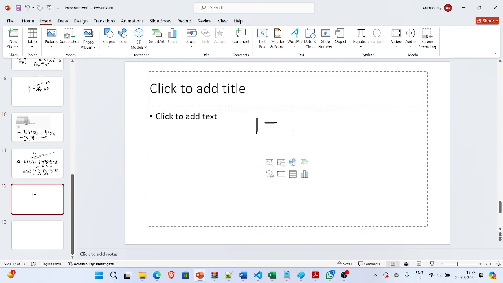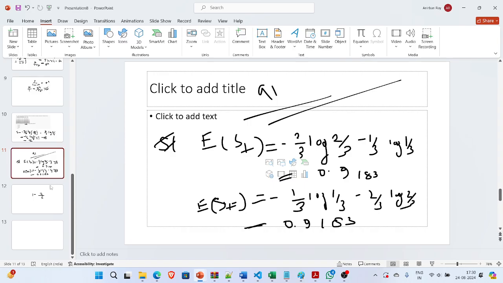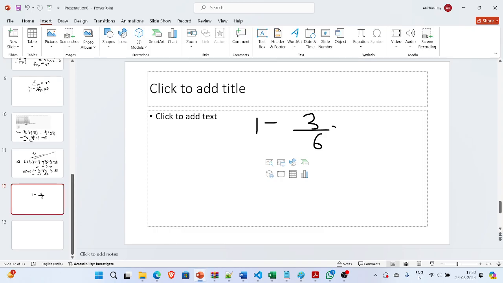The total number of true false values is 6, but out of that 3 is true. So for entropy 1, minus 3 by 6 times 0.9183, minus 3 by 6 times 0.9183. So this comes out to be 0.0817. So this is our answer.